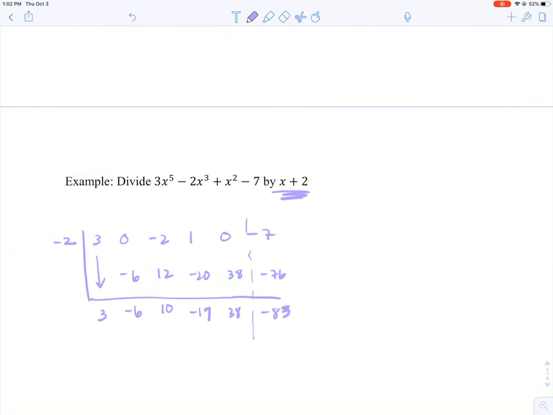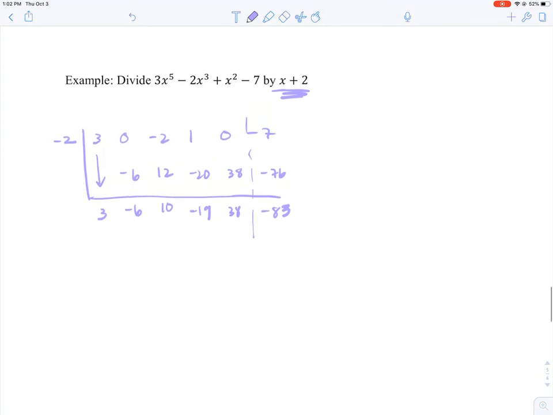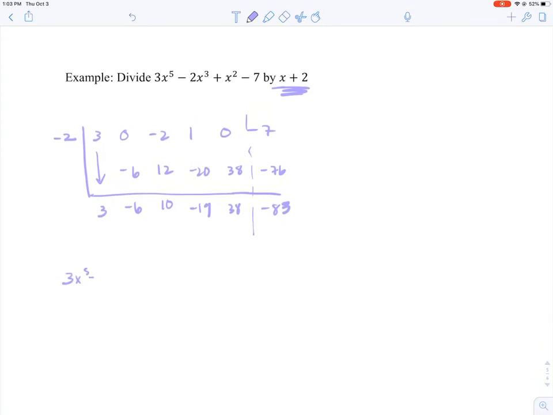So -83. So 3x to the fifth minus 2x cubed plus x squared minus 7 divided by x plus 2 is equal to 3x to the fourth minus 6x cubed plus 10x squared minus 19x plus 38, right? This will always be the constant.